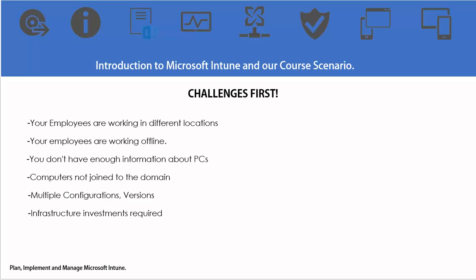Most of the employees who do not come to the office always work from home. Maybe they work from any other location. They work from roads, or you can say anywhere. So they do not connect to your corporate network.